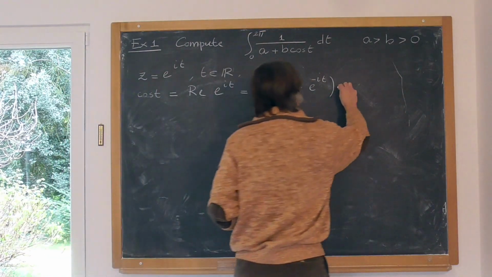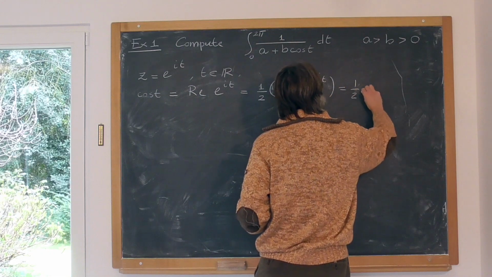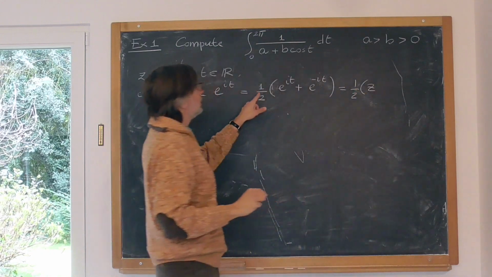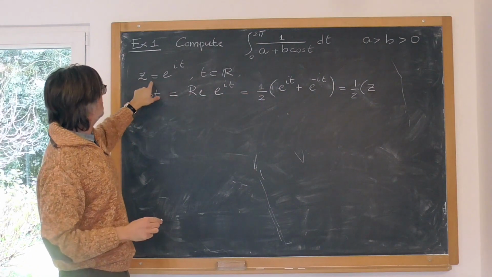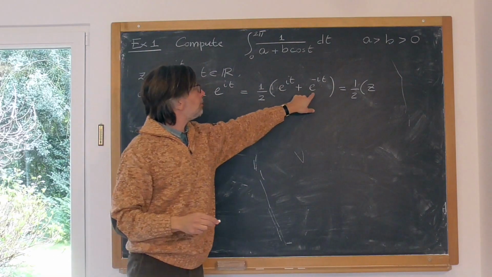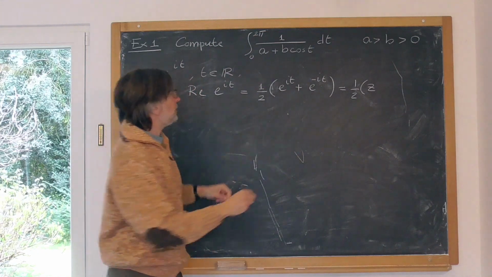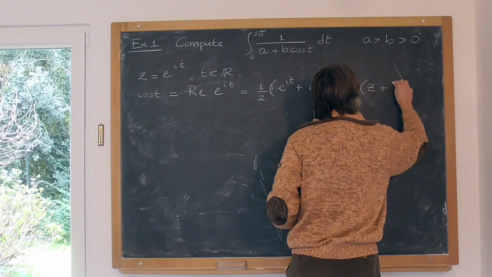Now this is 1/2, e to the i t is z, and e to the minus i t, since this is a complex number of modulus 1, we can think of this as plus 1 over z.